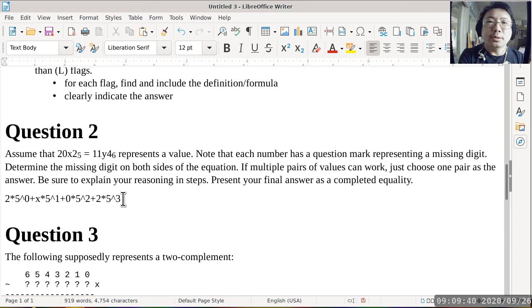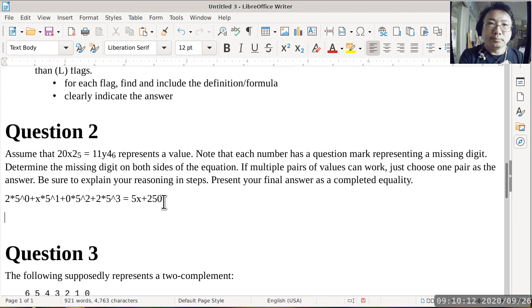Yep, that's correct. So after we work out all the constants, we end up with 5x plus, so this 2 is really just a 2, and then this 2 here is 2 times 5 cubed, and 5 squared is 25, and 25 times 5 is 125, and we have 2 of those, so we have a 250 as a constant.